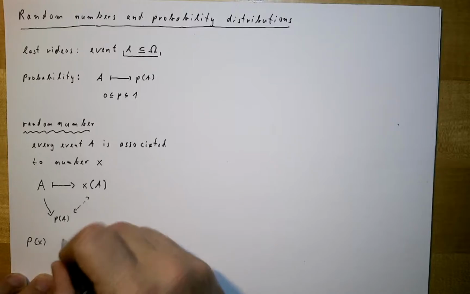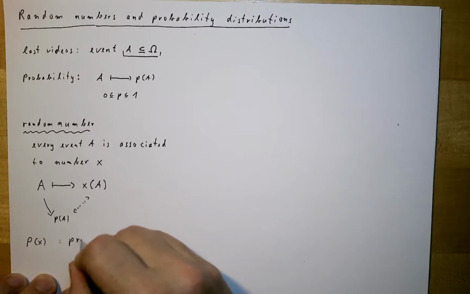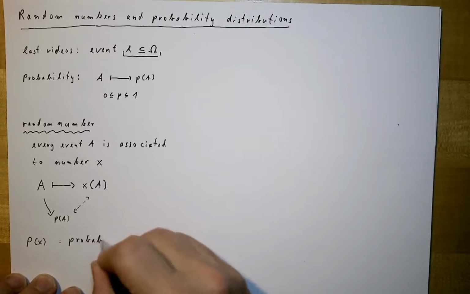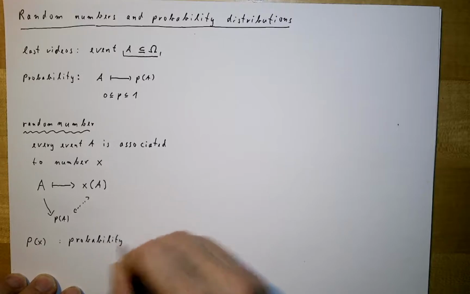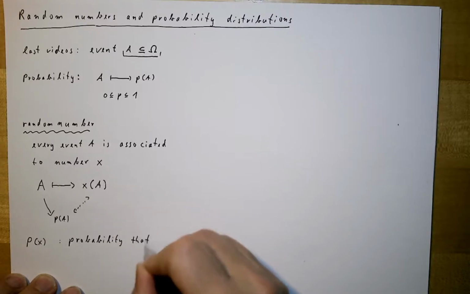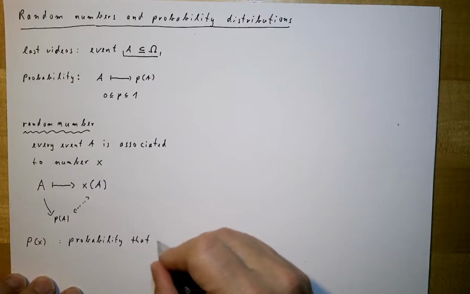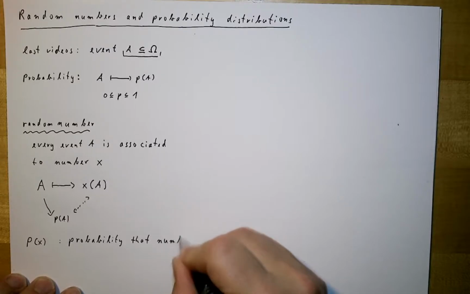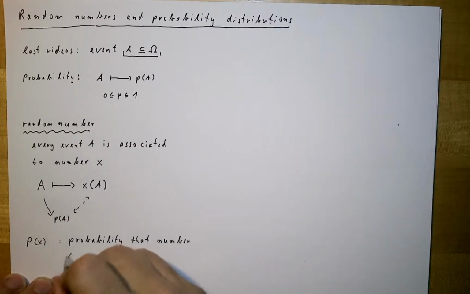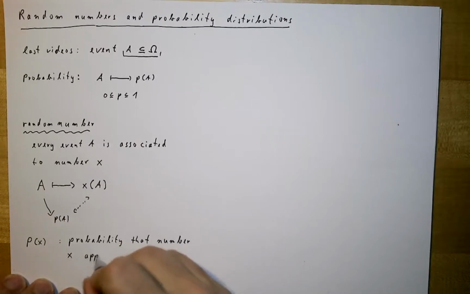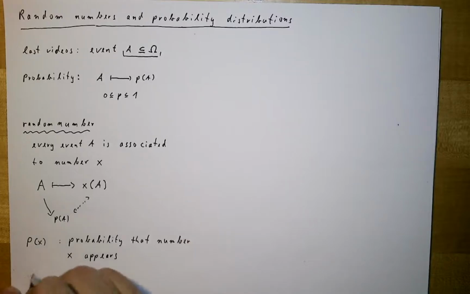So that's the probability that the number x appears. We call this x then also a stochastic variable.